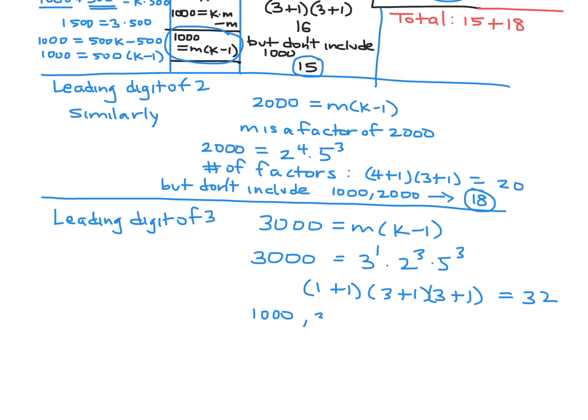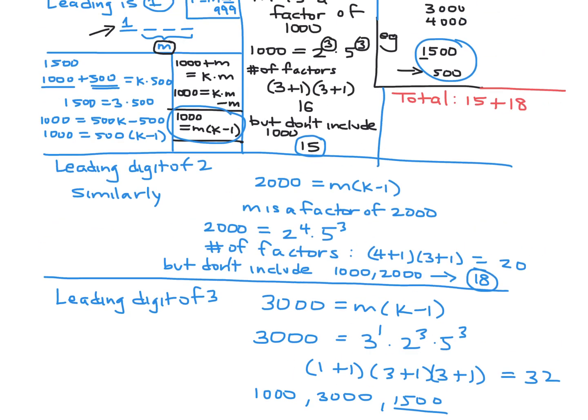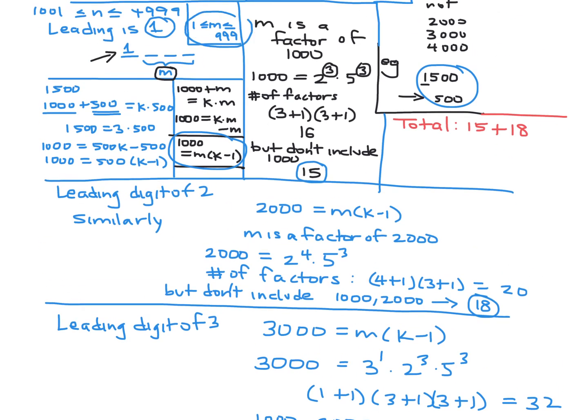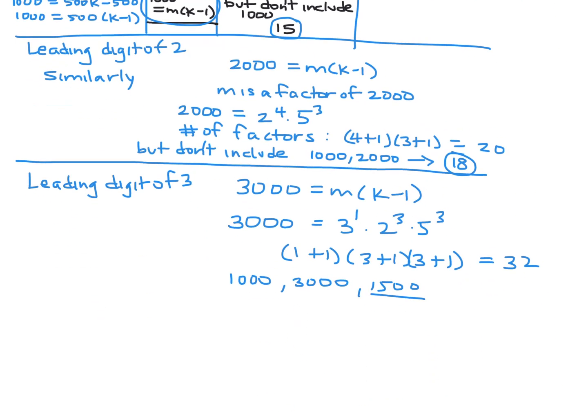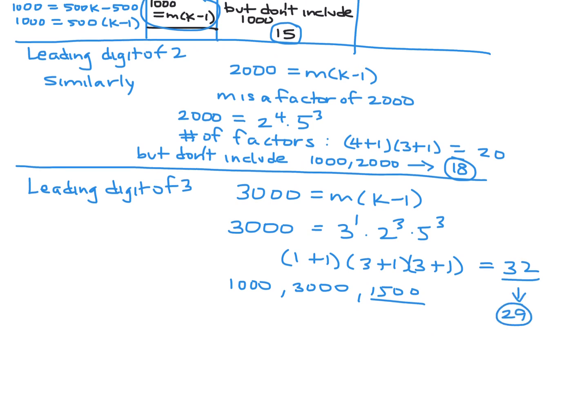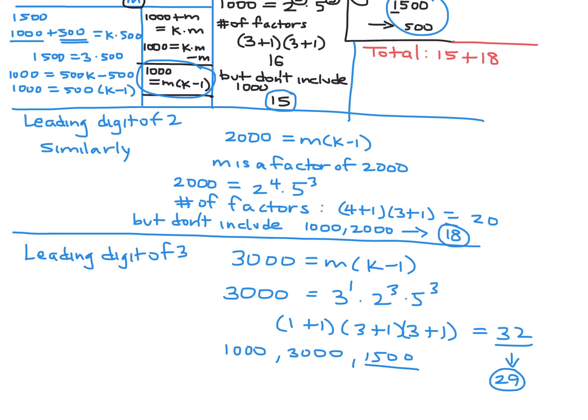We got to get rid of 3,000, and then we also have to get rid of 1,500. Now, why? Well, that's not a multiple of 1,000, because if you remember, the m is only between 1 and 999. So the factors can't be greater than 999. So 1,500 is a factor greater than 999. That's why you got to get rid of that. So these three have to be removed from that 32. So it really just comes down to 29. And that 29 is going to be added to our running tally.